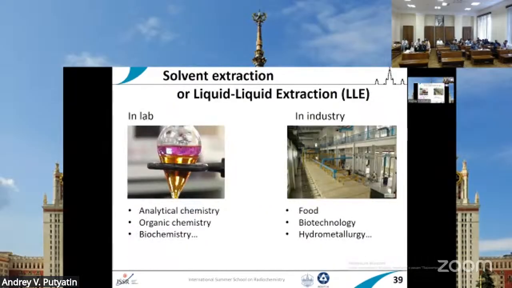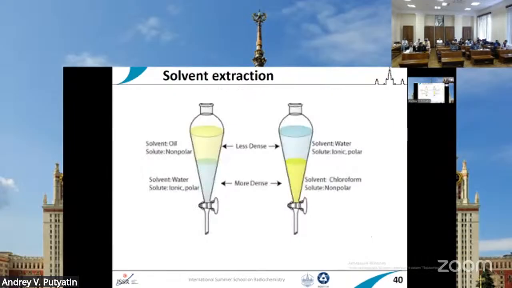Next, solvent extraction is a very common technique for hydrometallurgy, for processing metals in industry, and it is also very often used in organic, analytical, and other lab experiences. Solvent extraction is distribution of a component between two immiscible liquids.